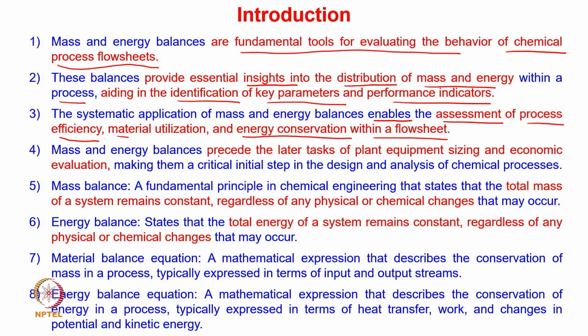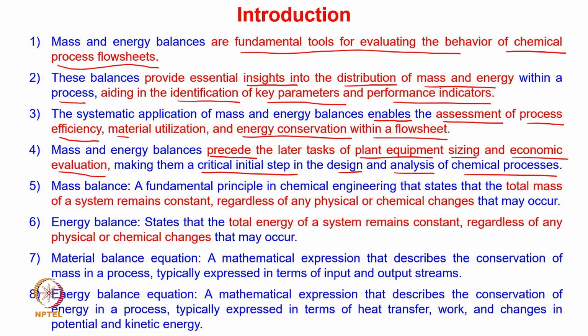Mass and energy balance are the steps which come before the plant equipment sizing and economic evaluation. So clearly mass and energy balance is extremely important. It's a critical initial step in the design and the analysis of chemical processes.